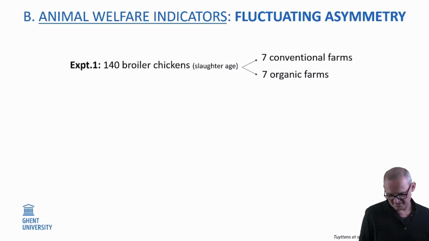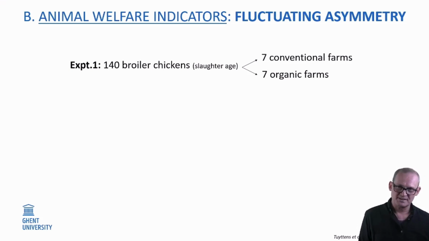In order to test the validity of fluctuating asymmetry as a welfare indicator, we did a test where we went to 7 conventional farms and 7 organic farms, and from each of these farms we bought 10 random chickens and brought them to our laboratory and measured fluctuating asymmetry.